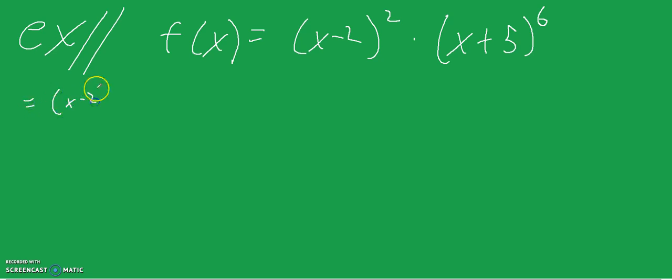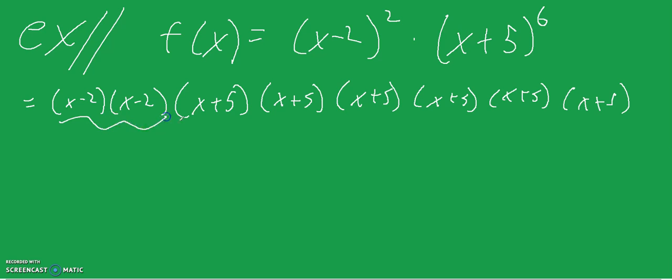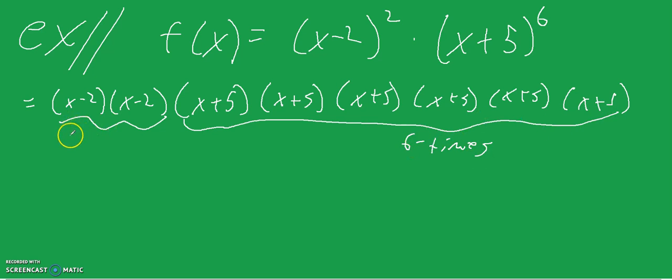This is x minus 2 times x minus 2 times x plus 5 times x plus 5 times, I have this 6 times. It's going to get messy because I don't really want to write it 6 times. So now I can see that the square gives me 2 terms here for x minus 2, and the 6th gives me 6 of these x plus 5s. So this is 6 times, and over here I have 2 times.